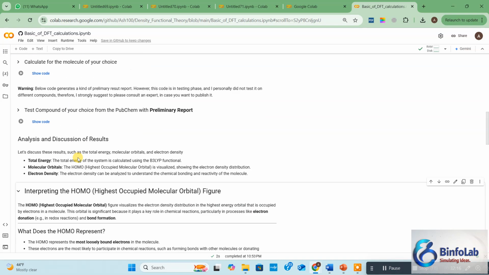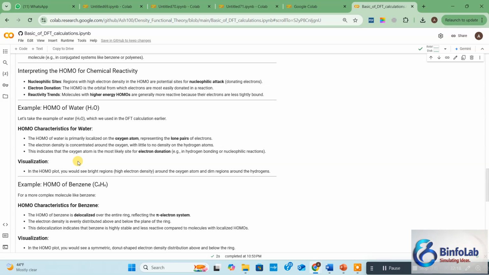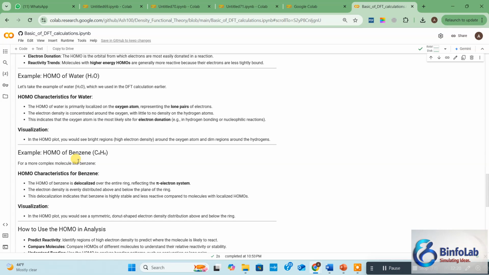Therefore the oxygen atom is more likely to donate or to take part in a chemical reaction. I hope that was fair enough.